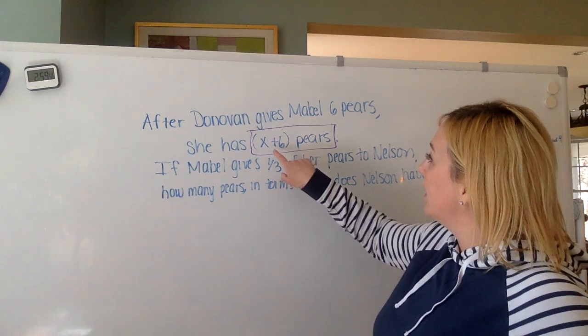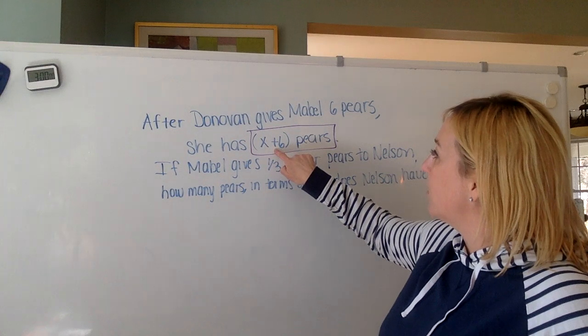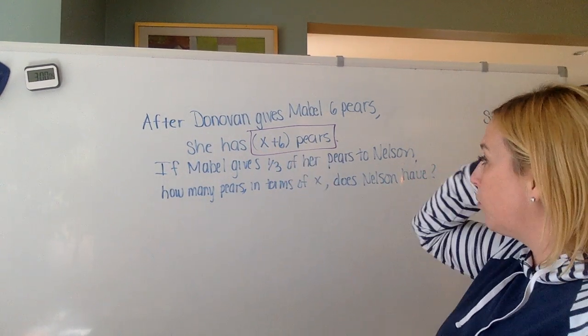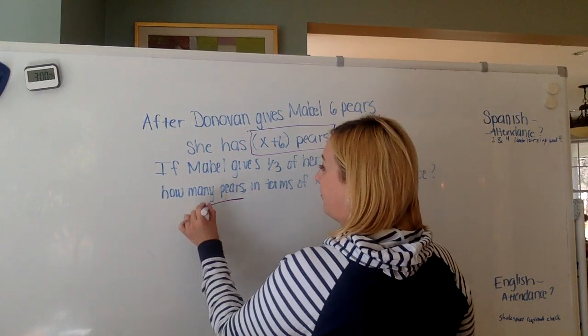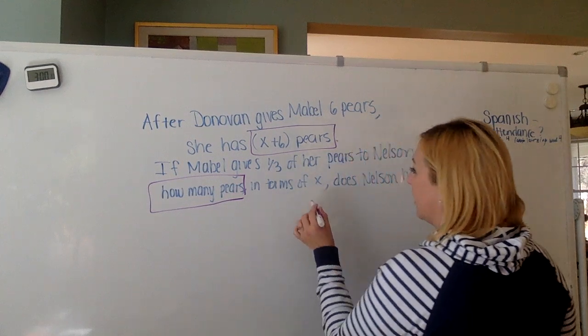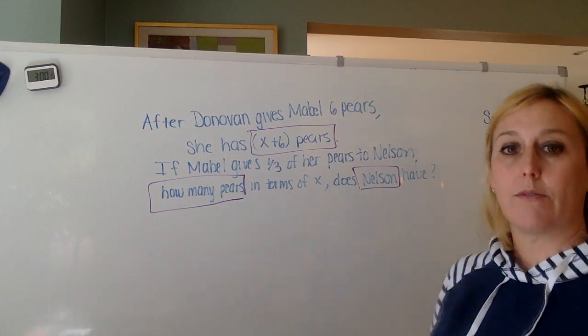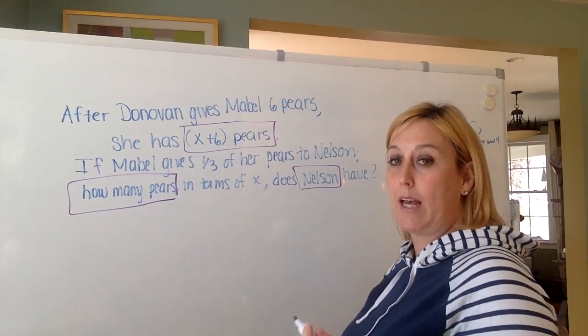We don't know how many pairs Mabel started out with. That's the x. But we know that Donovan gave her 6. So we have x plus 6 pairs. We're not asking how many Mabel has left over. It's how many did Nelson get?